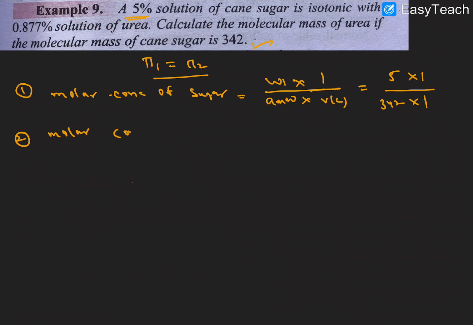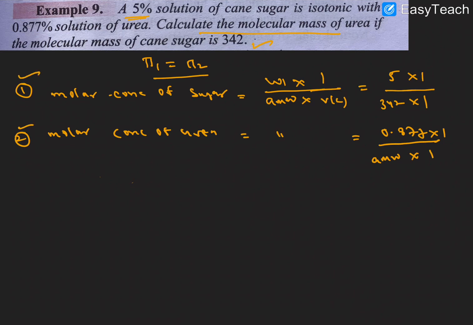Next, the molar concentration of urea, same formula. What weight are we taking here? They are giving 0.877, this is the weight. What is the urea molecular weight here? We have to find out the urea molecular weight, the gram molecular weight, we don't know, into 1. Here also the same 1 is coming.